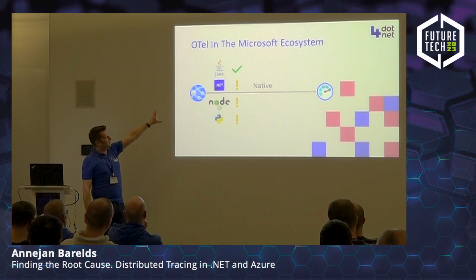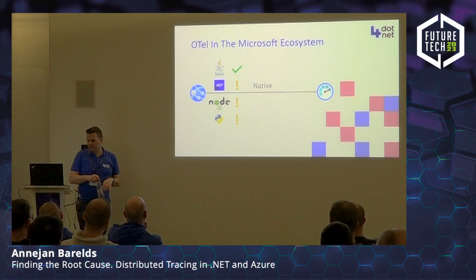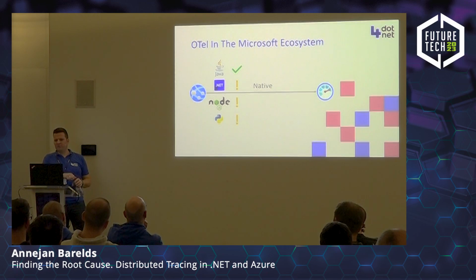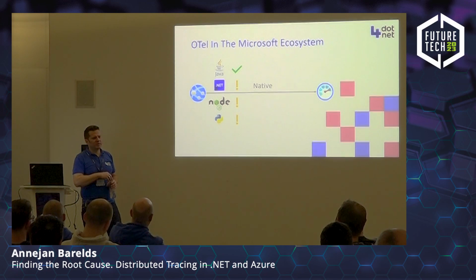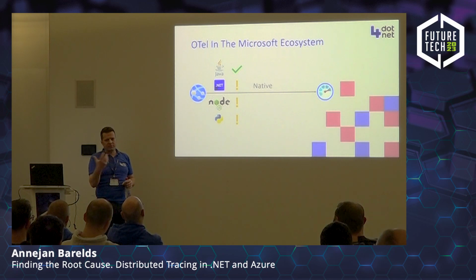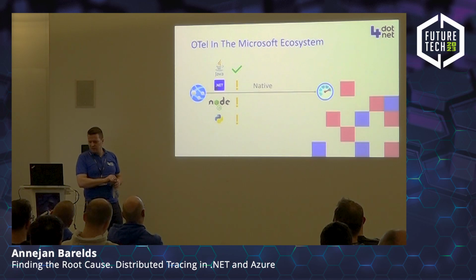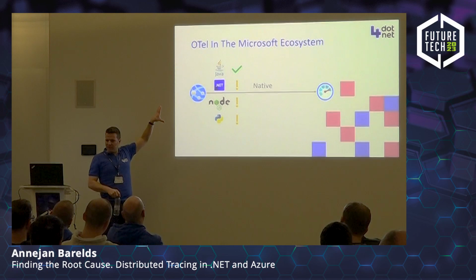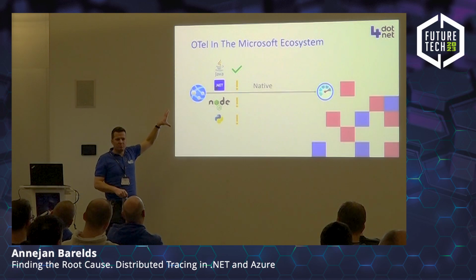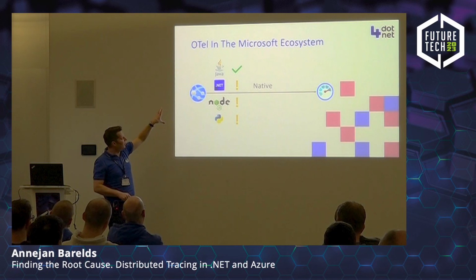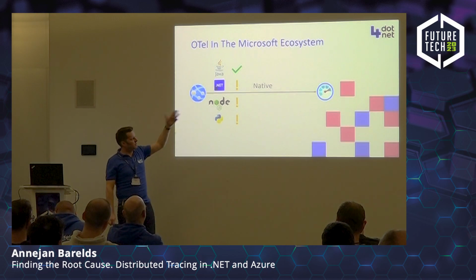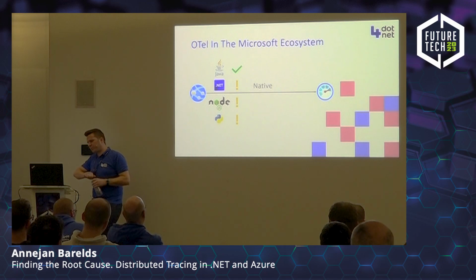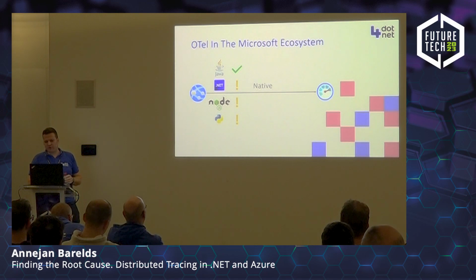For .NET, Node.js and Python, it's still in the works. There are public preview SDKs available that you can use, but using that in production is a choice you have to make. So you would have OpenTelemetry compatible collection of telemetry in your app, and you would send it over the native Azure Monitor API to Azure Monitor.